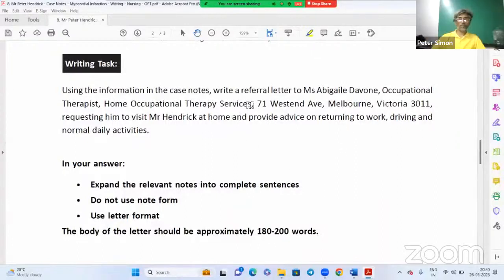So here we start. Writing a referral letter. This is a referral letter.